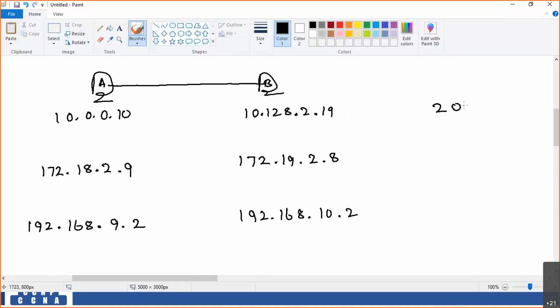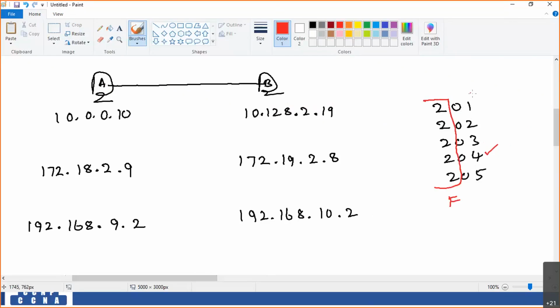Based on the example, like 201, 202, 203, 204, 205 in your apartments, in your buildings, what does 204 indicate? Second floor, fourth room. So what does the 2 indicate here?